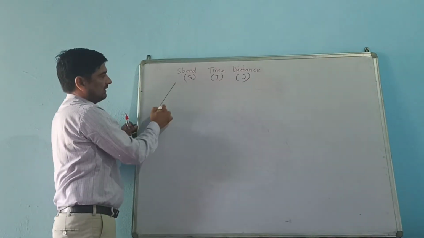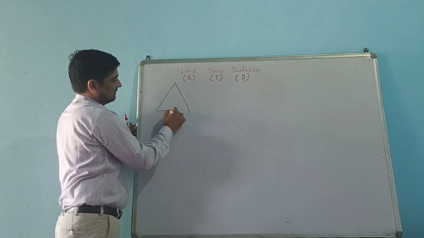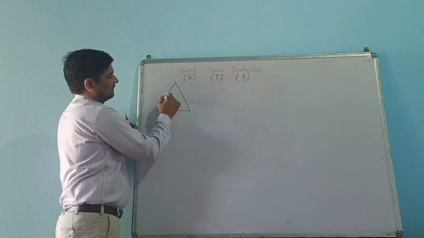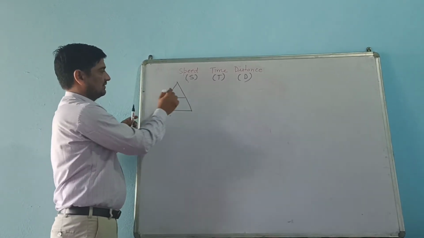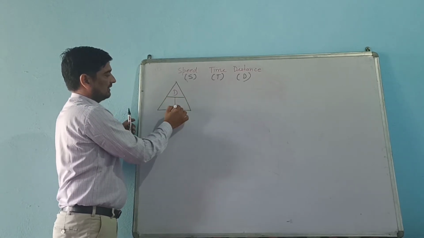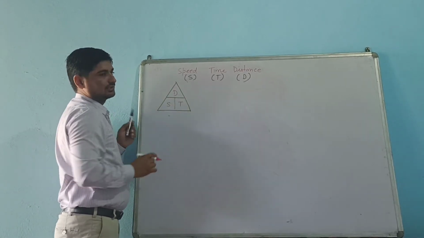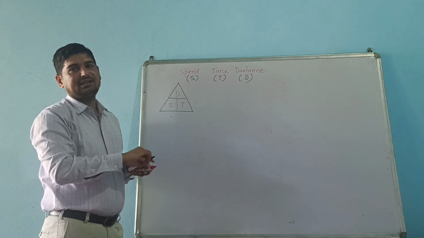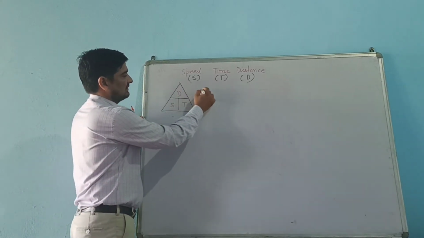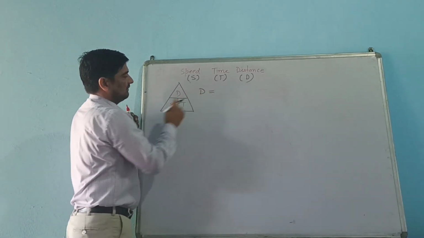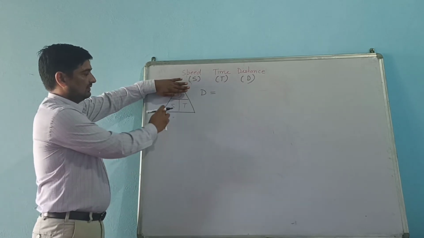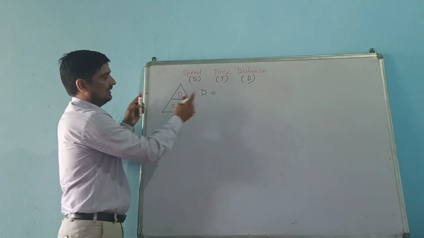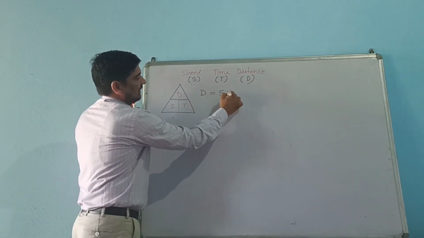See, we have already done it through a triangle. What I have told is, first you will write D, here you will write S and here you will write T. So you can relate these three factors. First one is D. If I cover this D, what is left? Speed and time. So I will write speed into time.